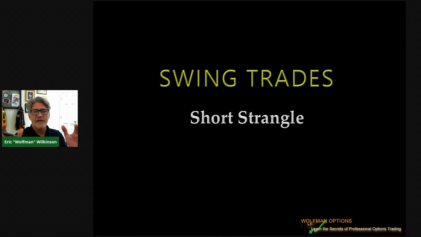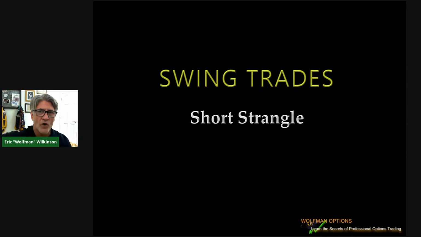So I'm leaning towards the short strangle in this one because I've got a neutral assumption, I've got high volatility, and I want to take advantage of that high volatility. I need to sell premium. I want to take advantage of a neutral market assumption. I need to sell basically both sides.